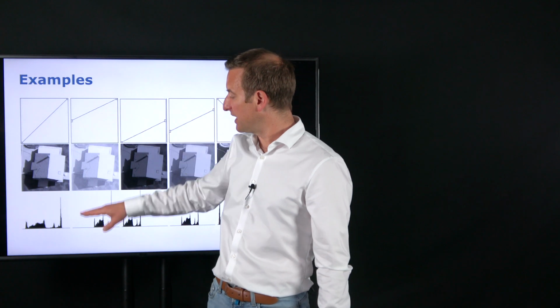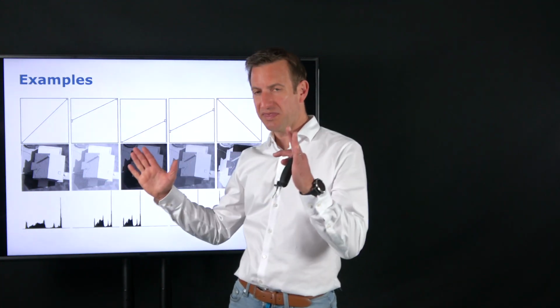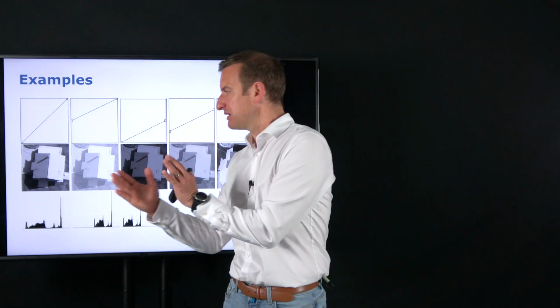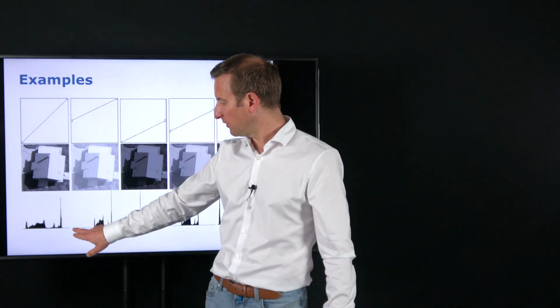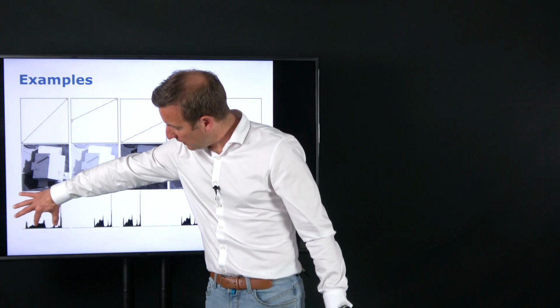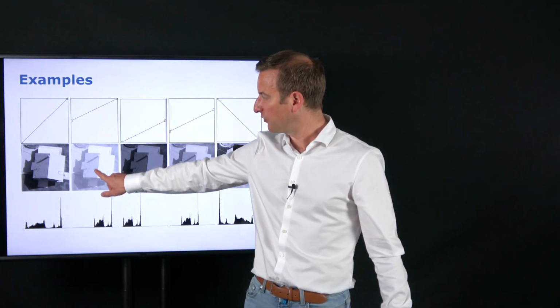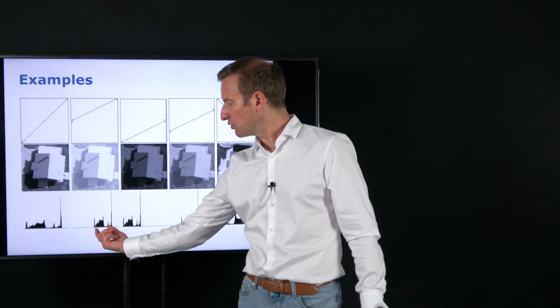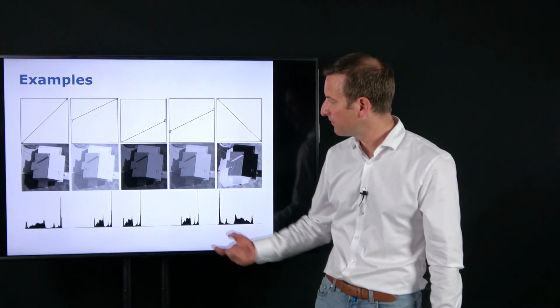What this function has done, it basically has squeezed the histogram together to 50% of their width, and then pushed it to the top 50% of the spectrum. So this is basically squeezed together and then pushed to the right. I get this. This is an increase in brightness and also a reduction in contrast because the variance is smaller.